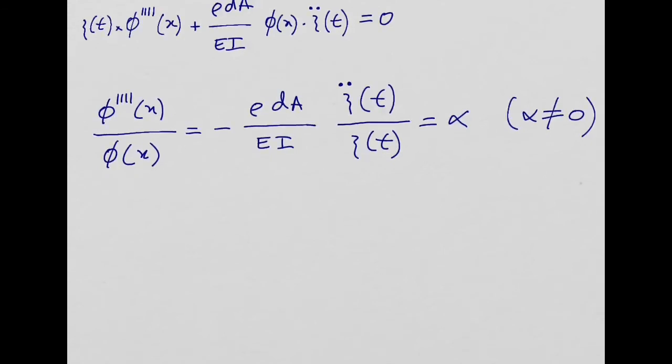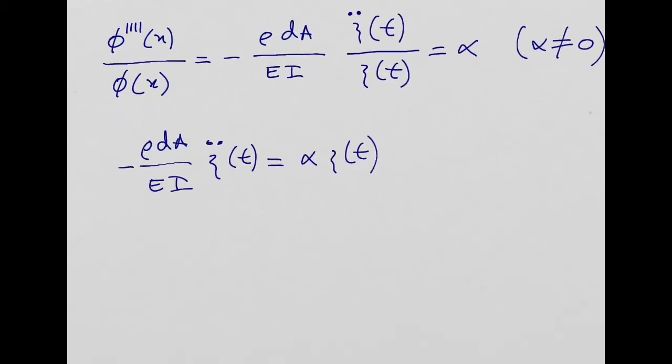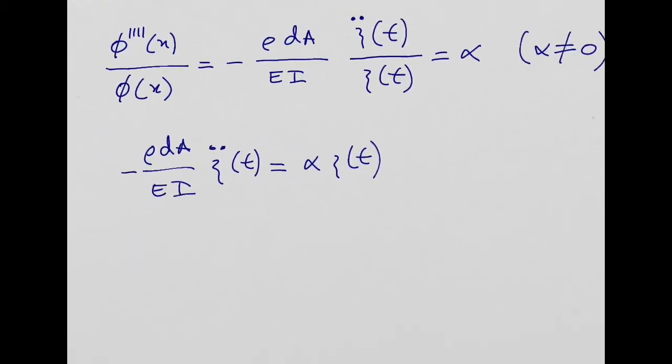You will have minus rho dA over EI times xi double dot, function of time, equal to alpha xi, function of time. So you can send this guy to the left hand side, and then you will get something like this.